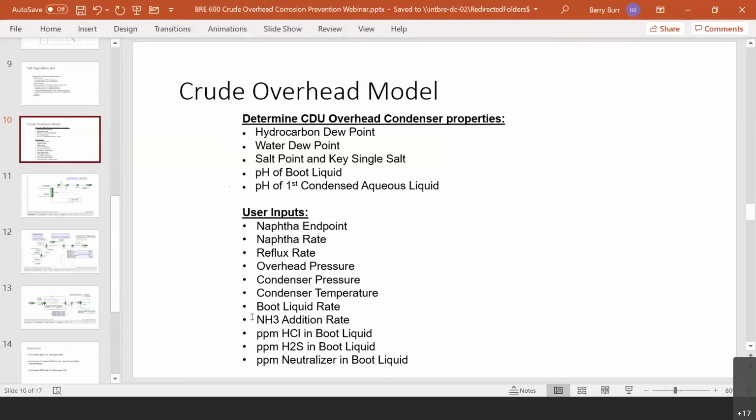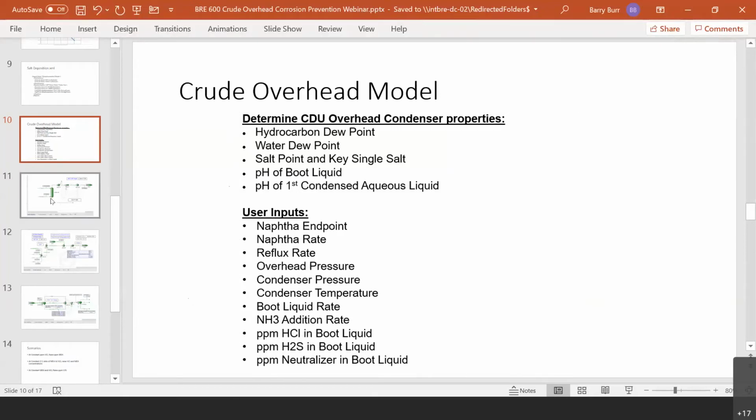Like if you're adding ammonia, I think this is really going to probably be removed. We won't look at the flow rate addition of neutralizers. We're going to look more at the composition of the HCl and H2S and any neutralizers in the boot liquid. So we need to know that information.